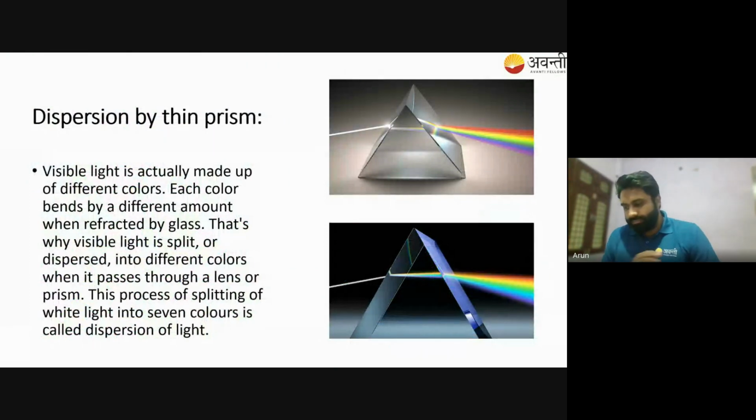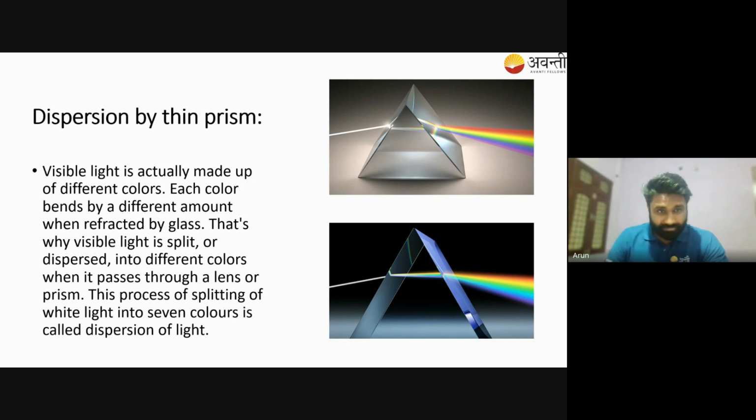Firstly, in the previous class, I told you about dispersion. What is dispersion? White light is nothing but a combination of 7 colors of light. So what happens when white light passes through a thin prism? What is a prism? A prism is made of refracting surfaces that are non-parallel to each other, with some material inside with a specific refractive index.